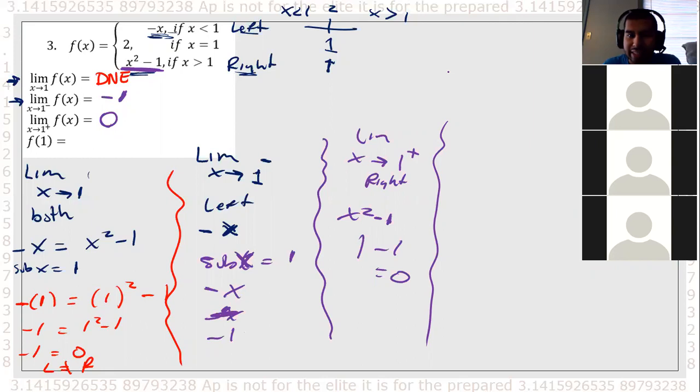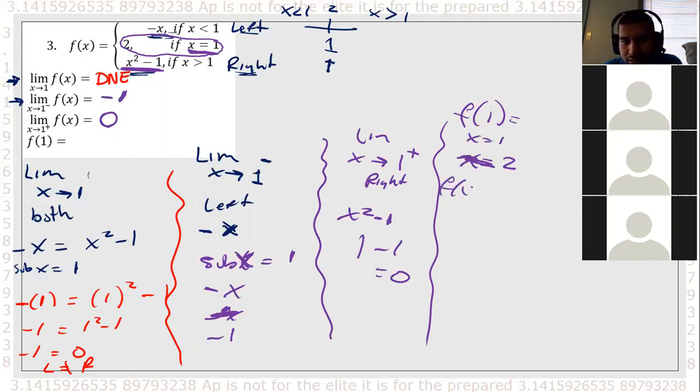They're saying exactly at 1. But which one is talking exactly at x equals 1? Well, this one at x equals 2. So, I'm sorry, f of x. When x equals 1, f of x is equal to 2. Okay. Any questions on that, guys?